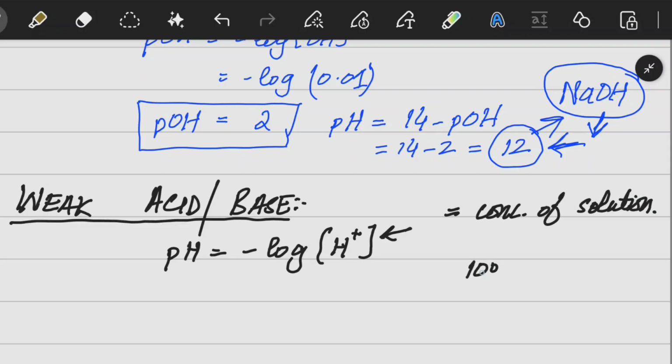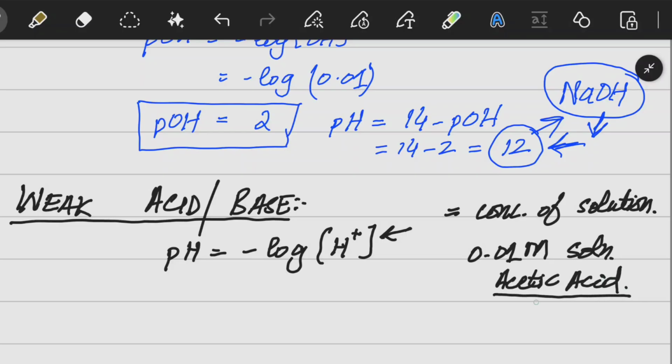Imagine there is, again, a 0.01 molar solution of acetic acid, which is a weak acid. We know that acetic acid will not dissociate the hydrogen ions easily. So maybe half of the molecules dissociate hydrogen ions and half do not.